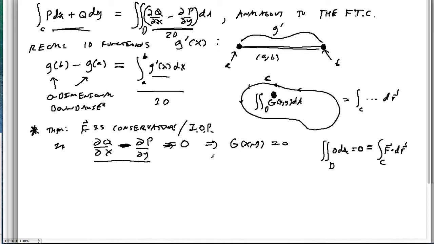So clearly this function is very important for helping us define independence of path. If this difference between these two partial derivatives is 0, then this integral over here becomes trivial, and we can easily calculate this very simple statement on a conservative vector field.